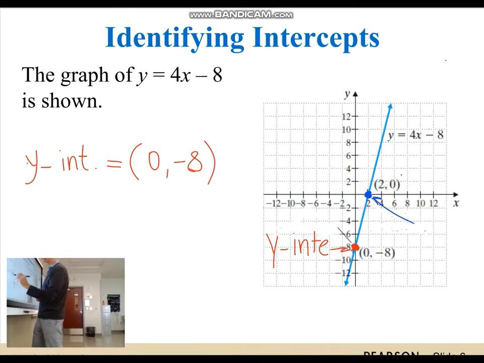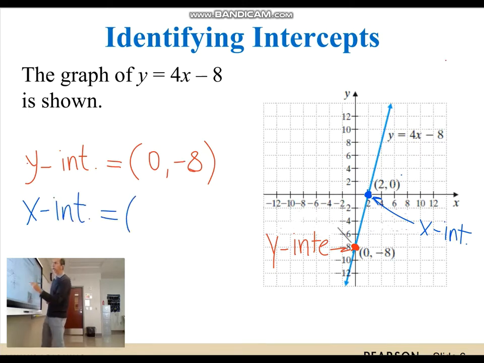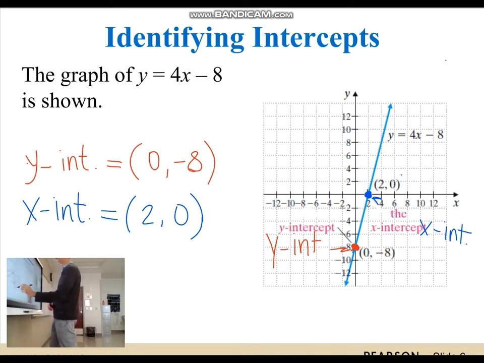This is the x-intercept, and we can write down the x-intercept: x equals 2, y equals 0. That's how we look at the graph and find the y-intercept and the x-intercept. Okay?